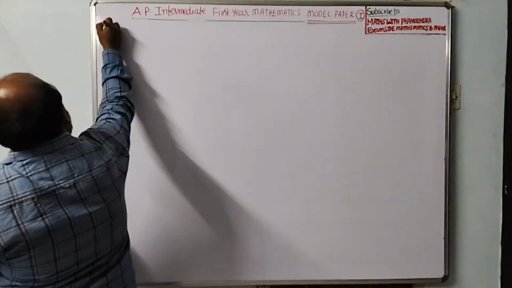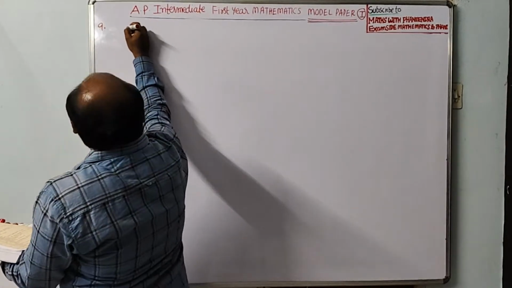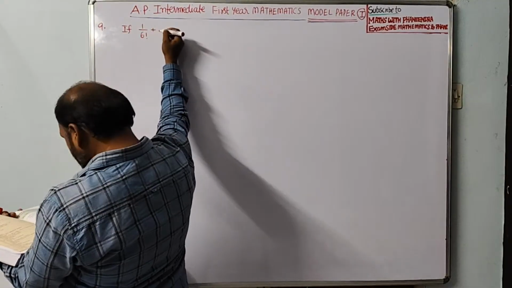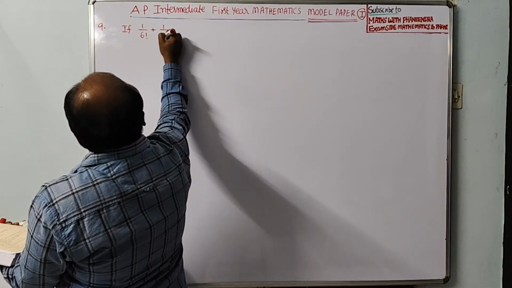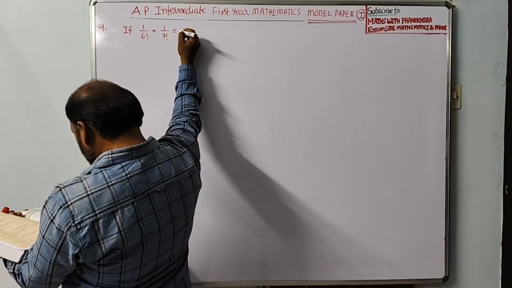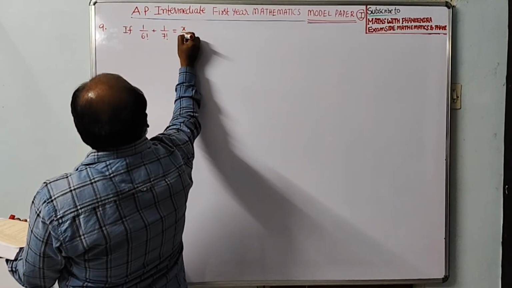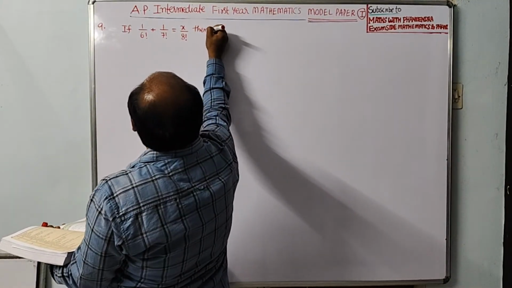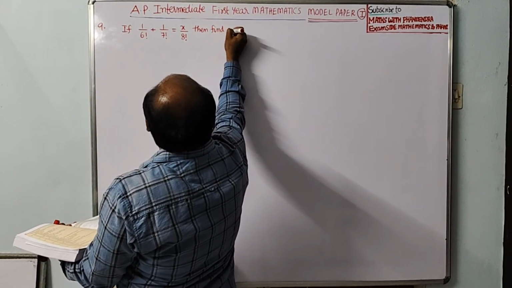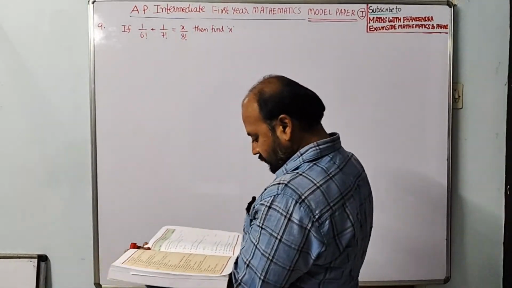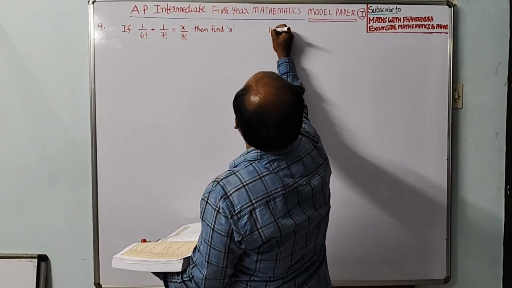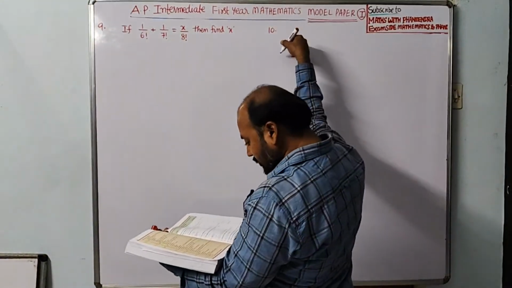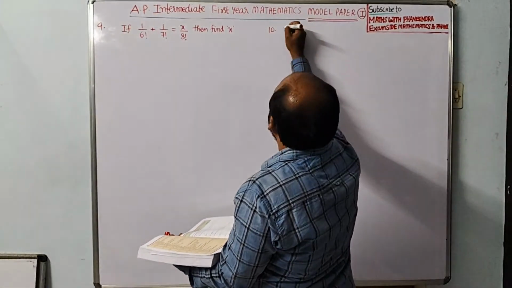Question number 9. If 1 by 6 factorial plus 1 by 7 factorial is equal to x by 8 factorial, then find x. Question number 10 is related to straight lines.